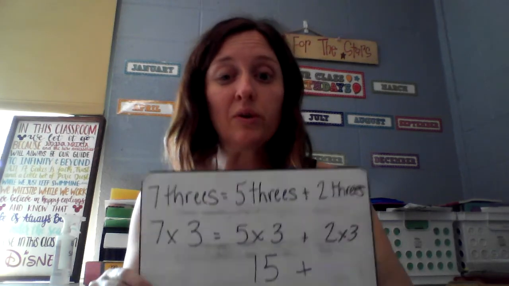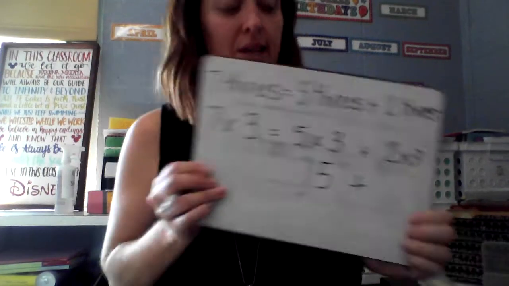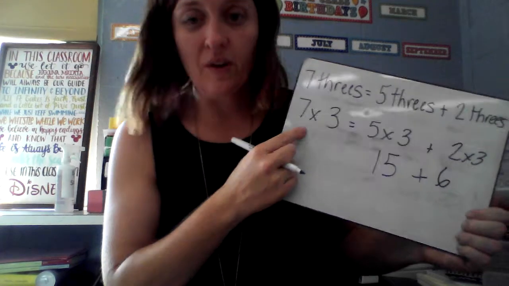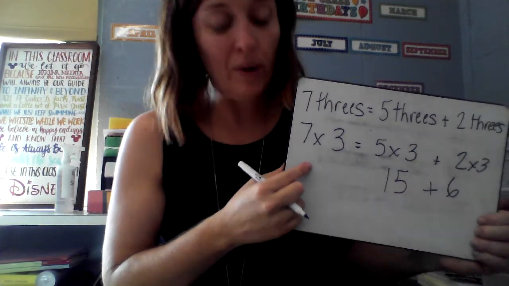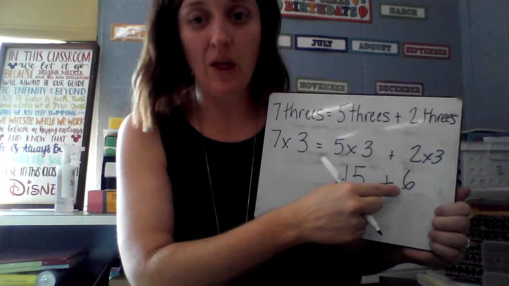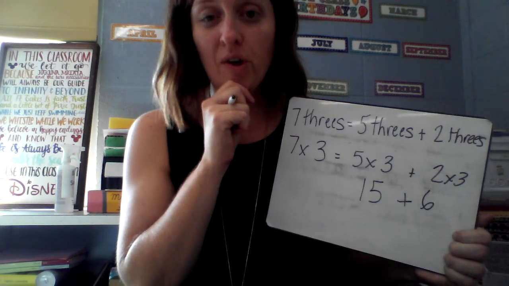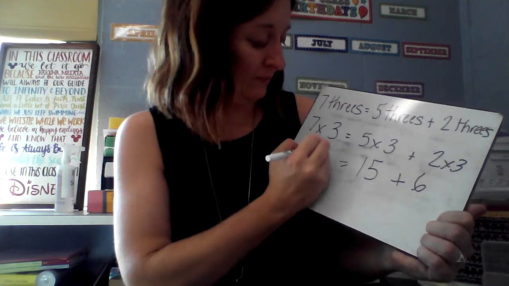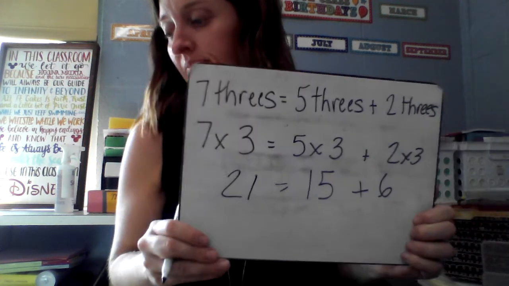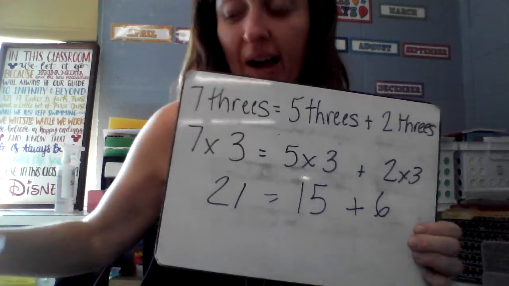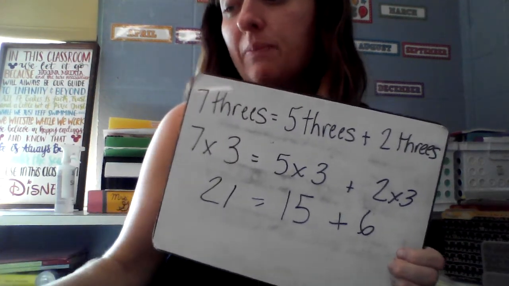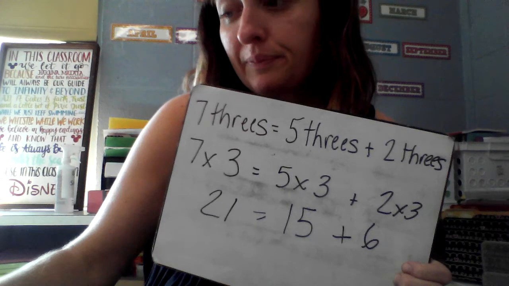And we know that 2 times 3 is 6. So if we want to find the answer to 7 times 3, all we have to do is add 15 plus 6, which when we add those two together, we know we get 21. So we can take a bigger fact and we can break it down into smaller pieces, okay?